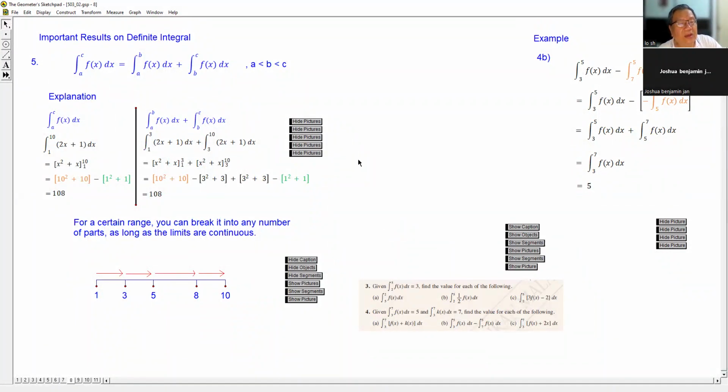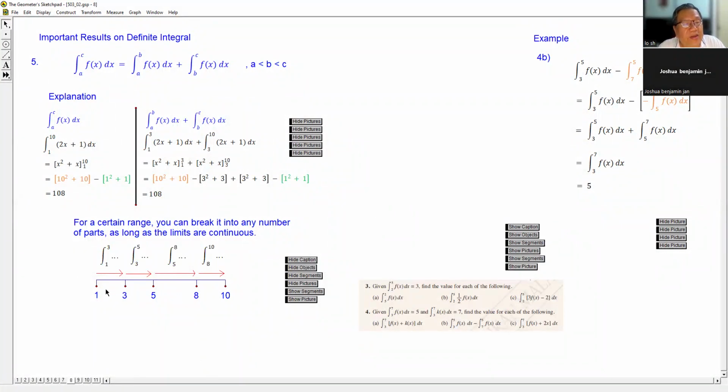You cannot say integrate 1 to 3, then 5 to 8, because you miss out 3 to 5. So it should be 1 to 3, 3 to 5. You don't miss out any part at the center there.